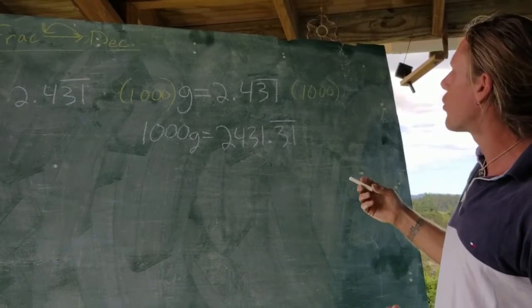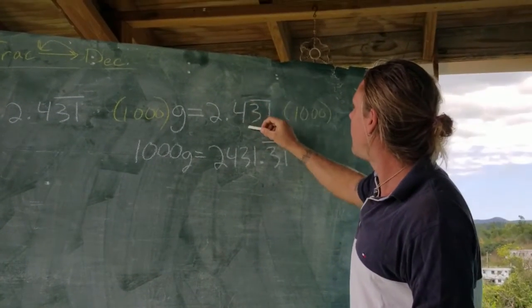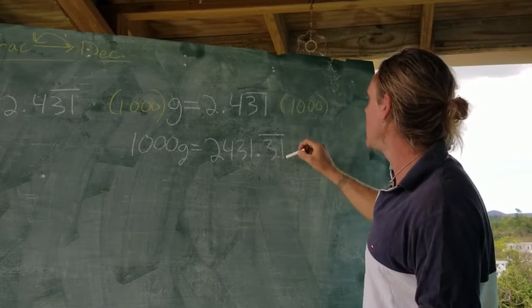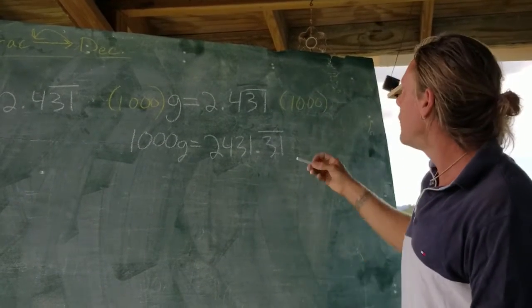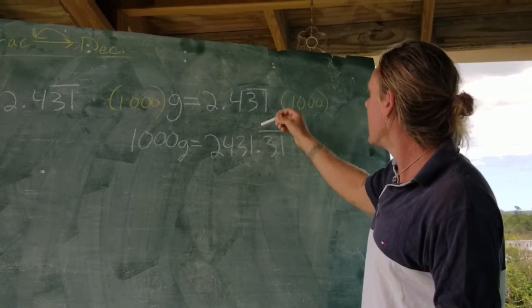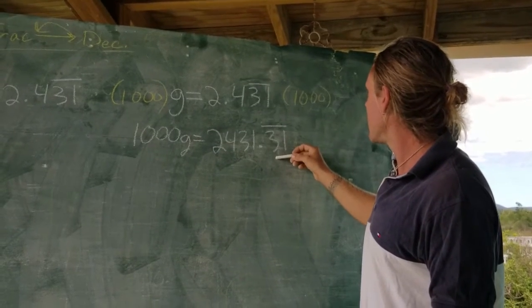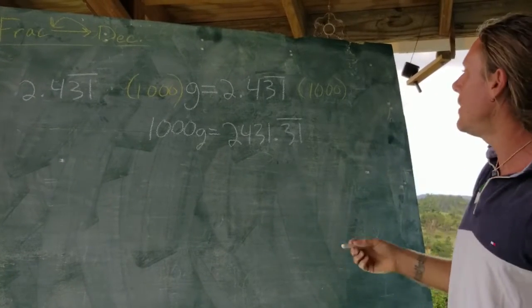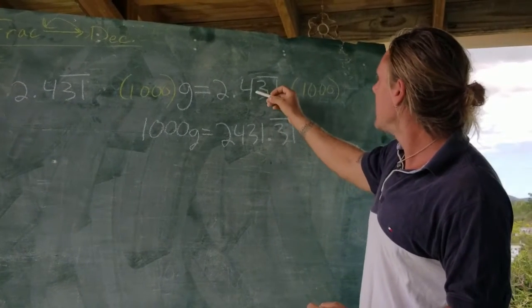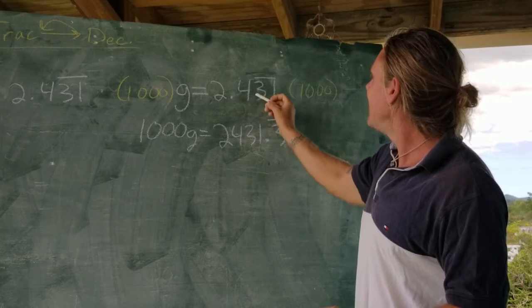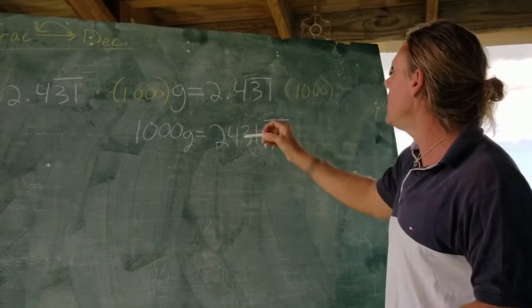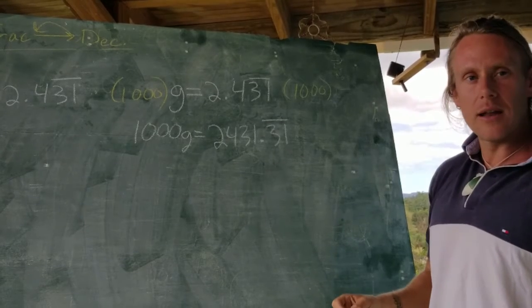Our new problem is essentially this 4 is in the decimal spot. We just want to deal with the repeating portion. If we simply subtract, this 4 will be underlined over the 3 over the 1. That's going to be a disaster. It's not going to accomplish what we need. So our problem is this 4. It would be nice if we could have the decimal, strictly speaking, be 0.31 repeated. So how do we do that?